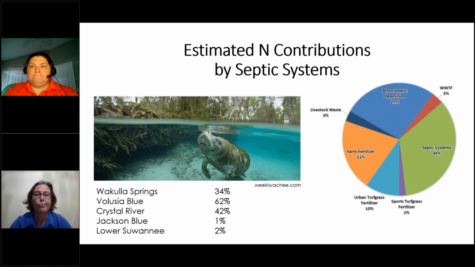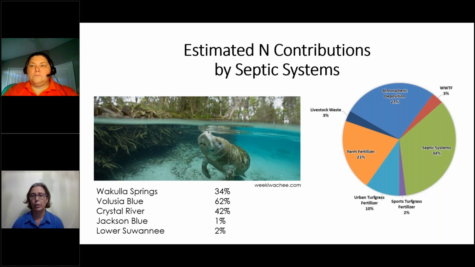Next, please. So finally, in each of these springs recharge basins, the state identifies the source contributions of nitrogen, an estimate of what percent they contribute to the water coming out of the spring system.